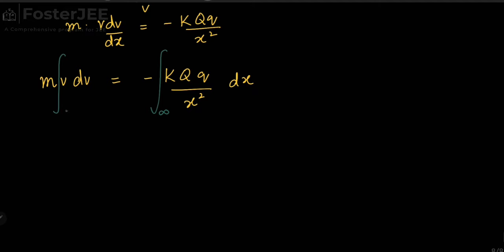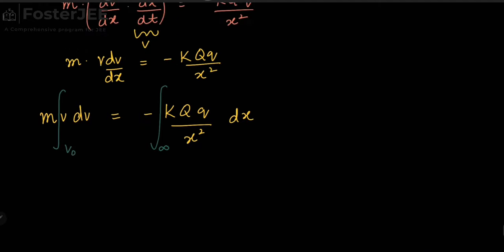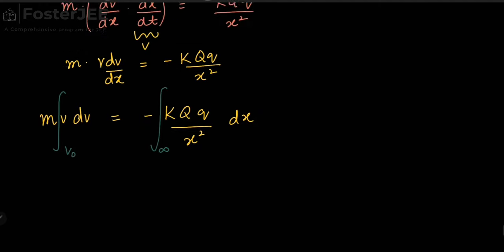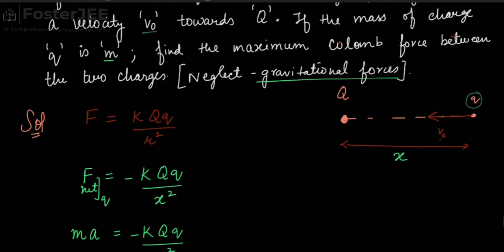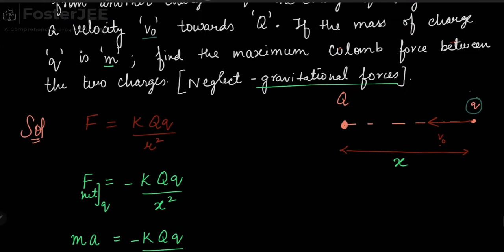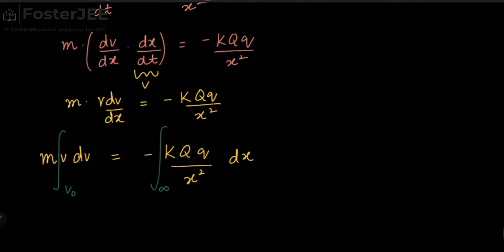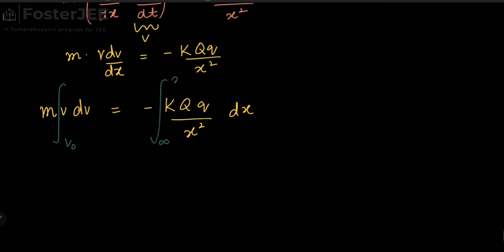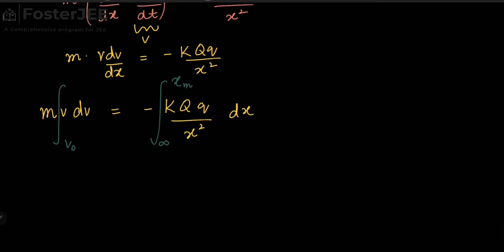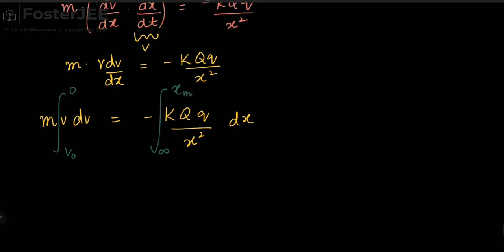When there will be the point of shortest distance, the velocity will be 0. So at some xm, that is x minimum, the velocity will be 0.